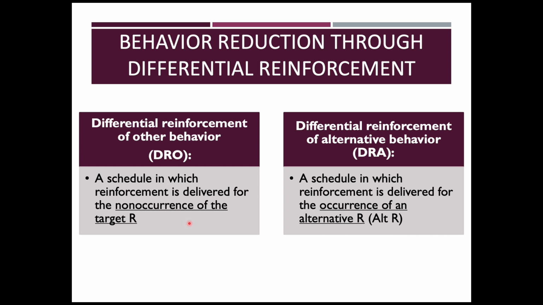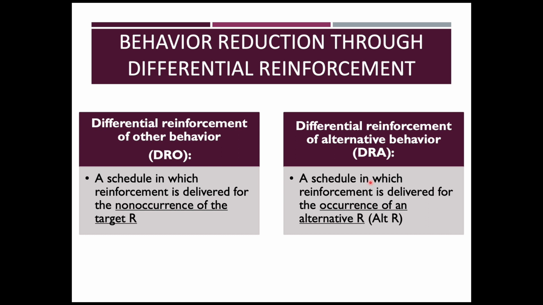Anything that's appropriate. So we could set up a DRA for in-seat behavior, right? Where as long as a child is in his or her seat, we are delivering reinforcement, right? So it's an appropriate alternative to out-of-seat behavior. Now, the schedules often are a little different in DRA, particularly if we're talking about a functional communication response.